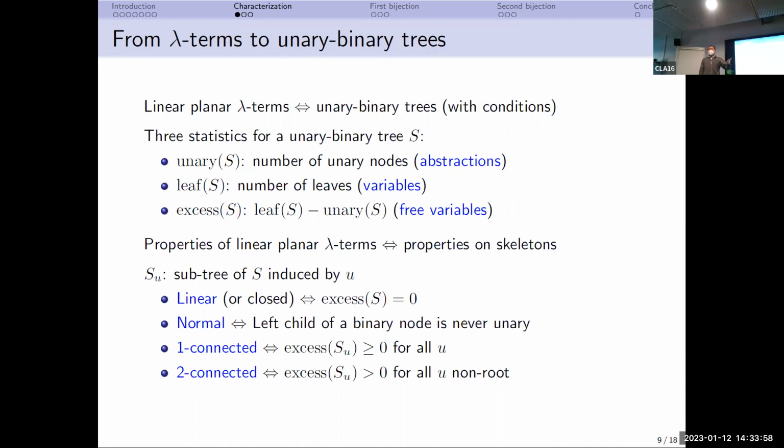And in lambda terms, it corresponds to the number of abstractions. Then the second is leaf. It just counts the number of leaves. So they are variables in the lambda term, of course. And then the third, called excess, is simply the number of leaves minus the number of unary nodes. And in lambda calculus, it's just the variables that are not bound by abstractions. So they are just free variables.